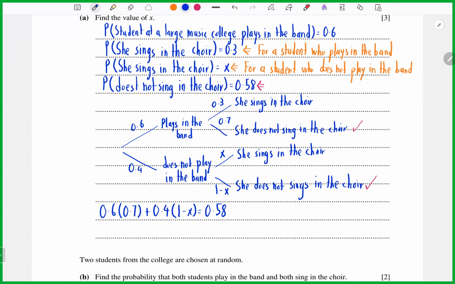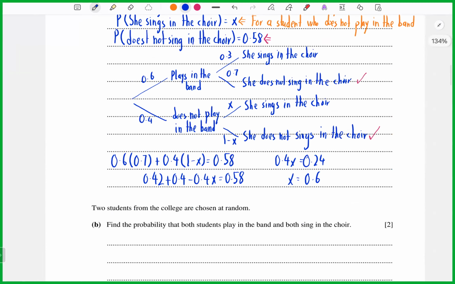You can use the calculator here. 0.6 multiply 0.7, you will get 0.42 plus 0.4 minus 0.4x equals 0.5x. 0.4x will be equal to 0.24. x will be equal to 0.6. So your answer is 0.6 here.